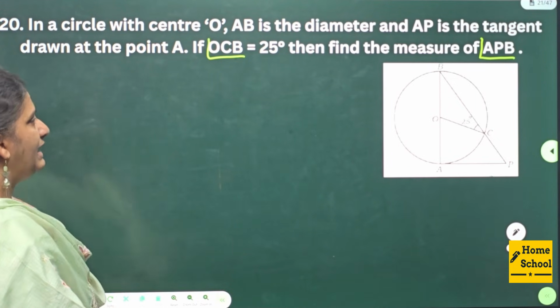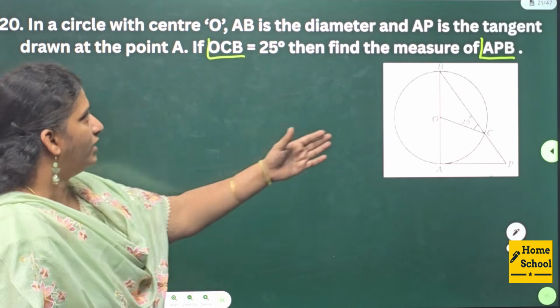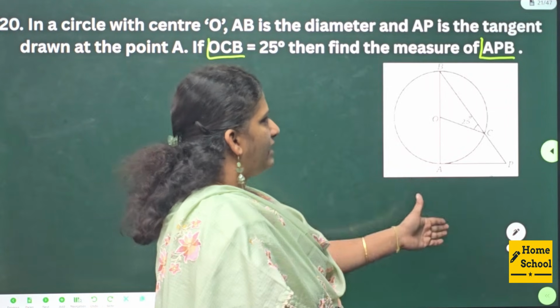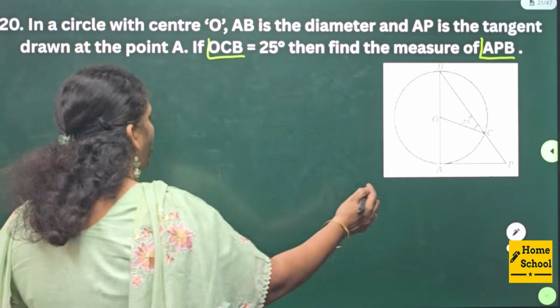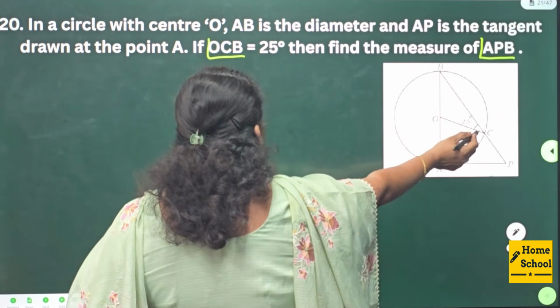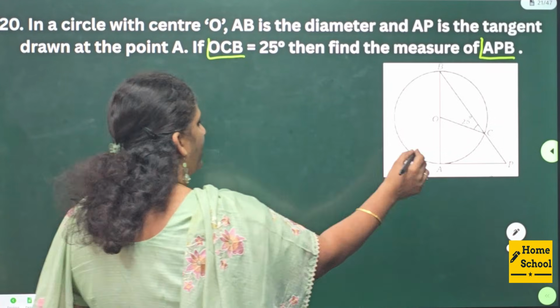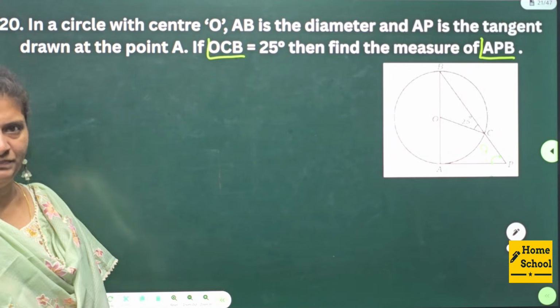20th one, in a circle, you can see a circle over there with center O, AB is the diameter, AP is a tangent drawn at a point A. If angle OCB is equal to 25 degrees, then find the measure of angle APB is your question.